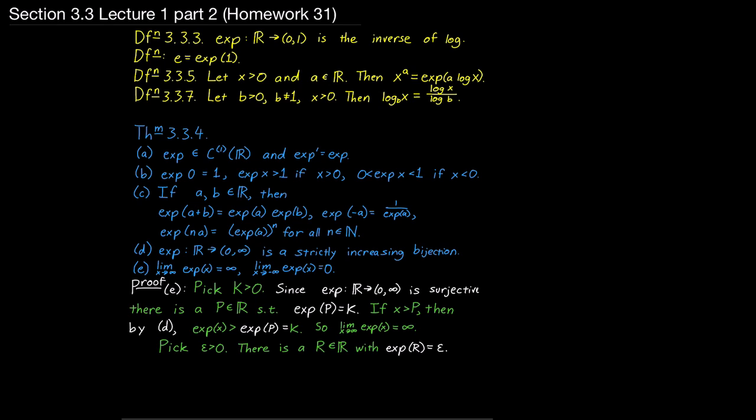So if x is less than r, then exp of x is strictly less than exp of r, better known as epsilon, and 0 is less than exp of x, because exp of everything is positive.